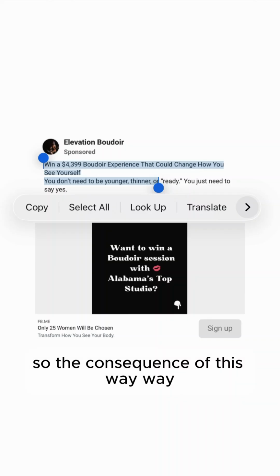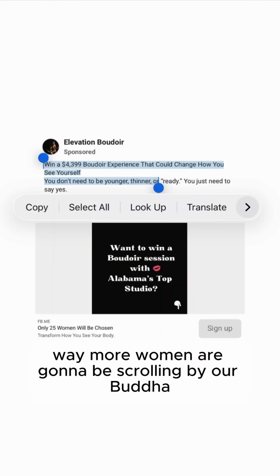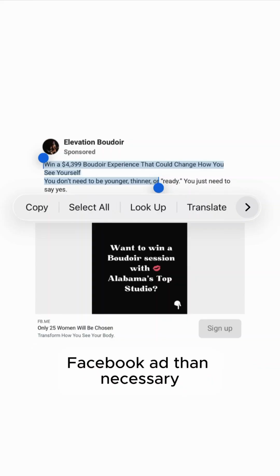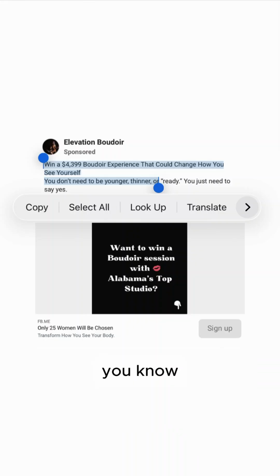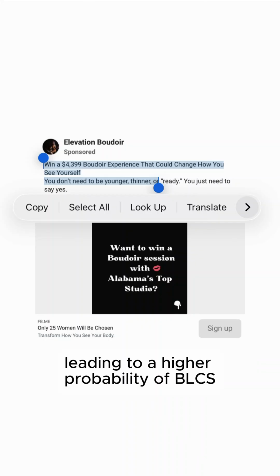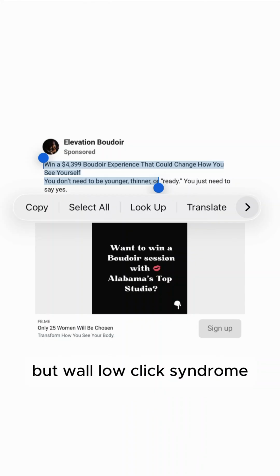So the consequence of this, way more women are going to be scrolling by our Boudoir Facebook ad than necessary, pulling our unique CTR all under 6%, and leading to a higher probability of BLCS, Boudoir low click syndrome.